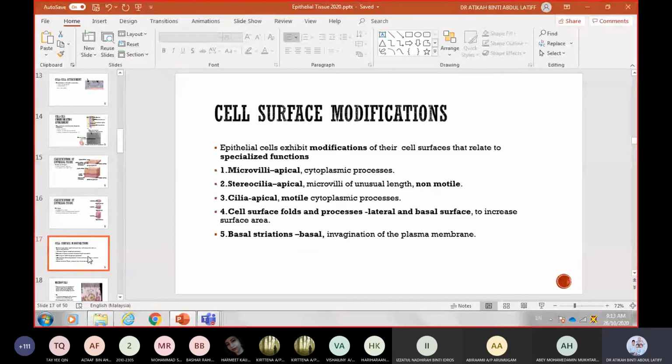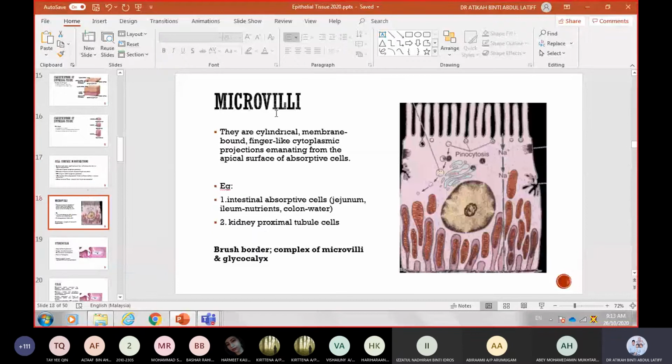So we have the microvilli, which is mainly for absorption. Where can you find the microvilli? Usually in the intestine, because imagine in the intestine you have to reabsorb a lot of things. For example, in the jejunum and ileum, you need to reabsorb the nutrients, and in the colon, mainly absorption of water.